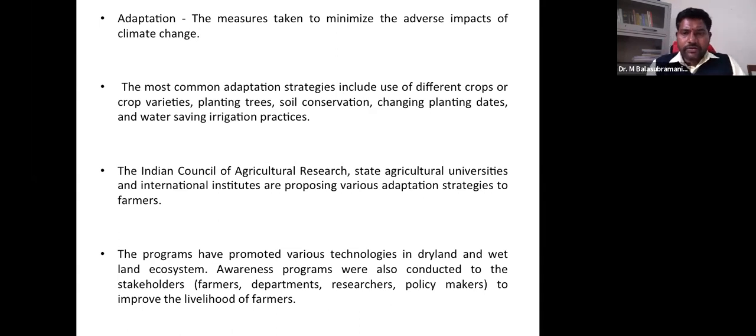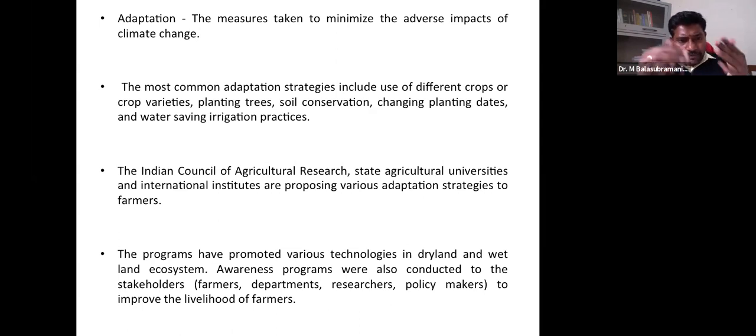And these are supported by the Indian Council of Agricultural Research and SAUs in these two states and international institutes. I said already, ICRISAT and IWMI, the International Water Management Institute, helped and supported this study.